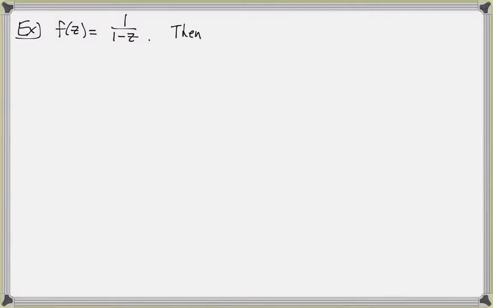So if f of z is 1 over 1 minus z, then we can see that the nth derivative will be equal to n factorial over 1 minus z to the n plus 1 for all non-negative integers n.